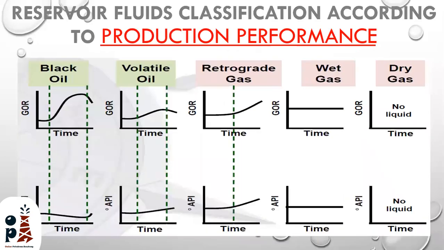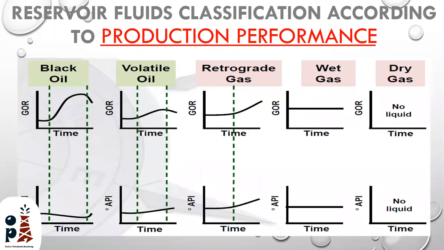Also, again, for production performance, for black oil the GOR increases when the reservoir pressure declines below the bubble point, then the GOR declines again due to depletion.